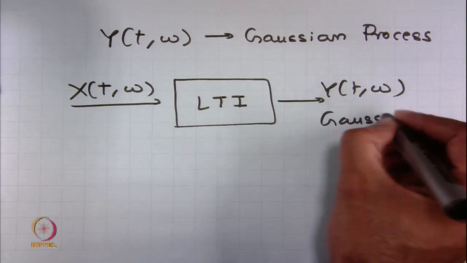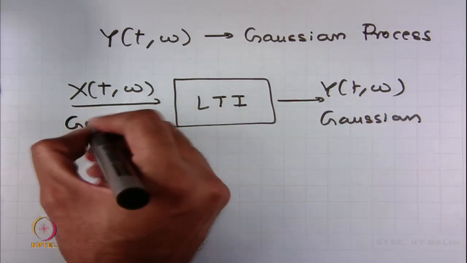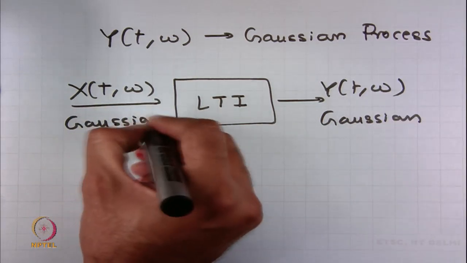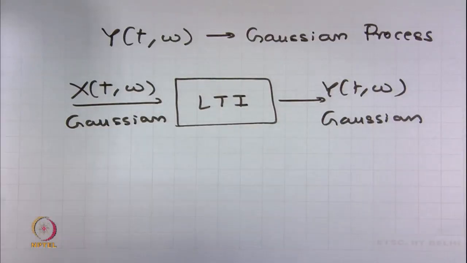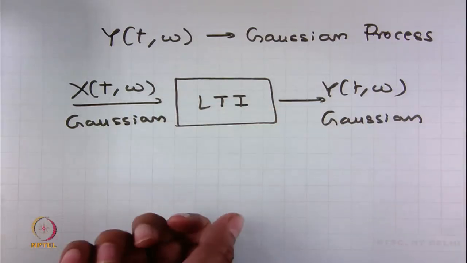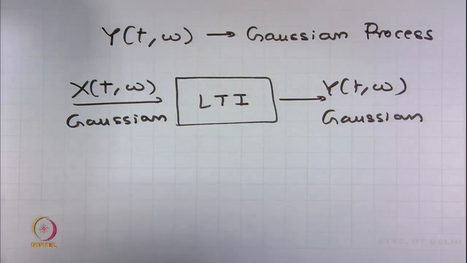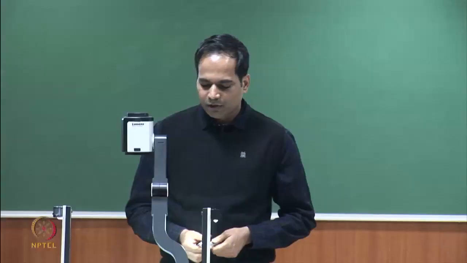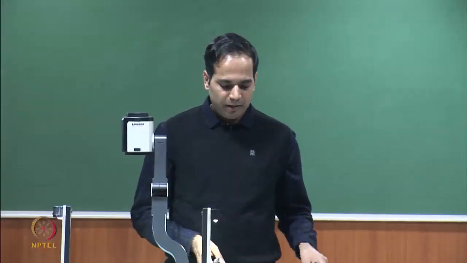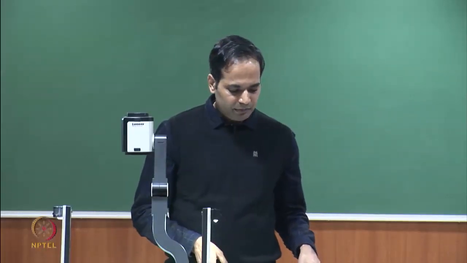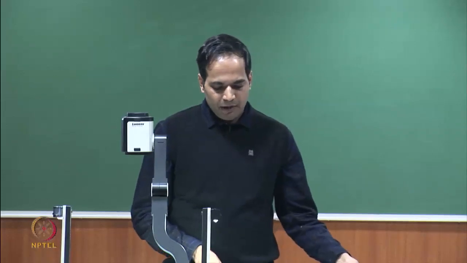So, if the input is a Gaussian process, the output is also a Gaussian process, and we say this by saying that linearity preserves Gaussianity. This can be any linear time invariant system. So, very useful result.